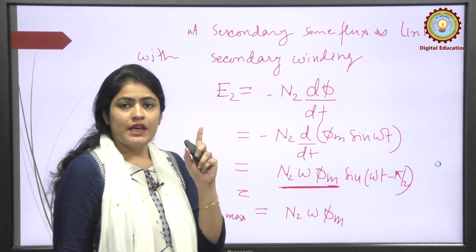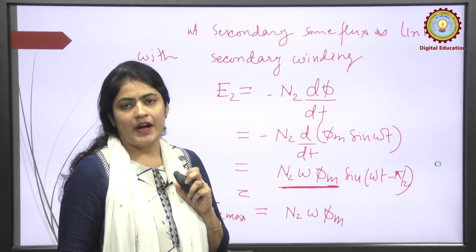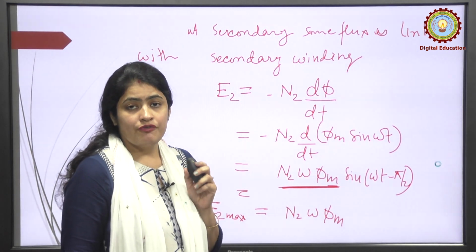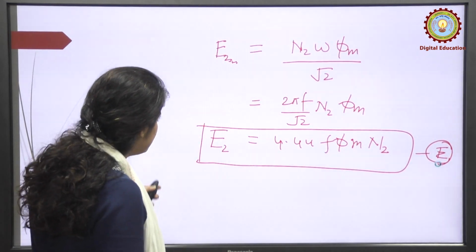That means E1 and E2 both are lagging with the flux, if you take phi m as a reference flux. Okay.